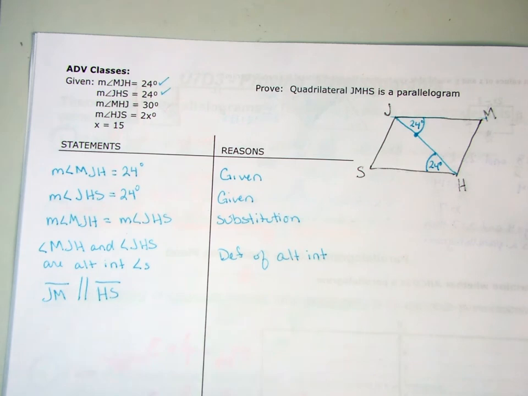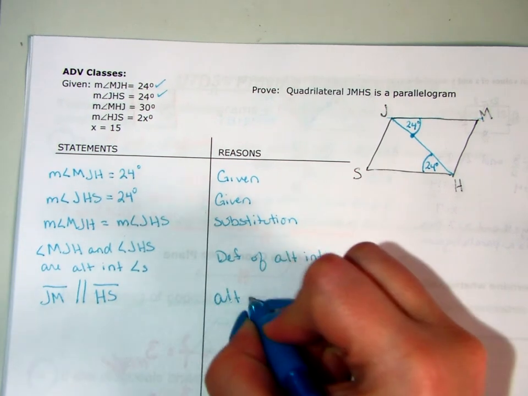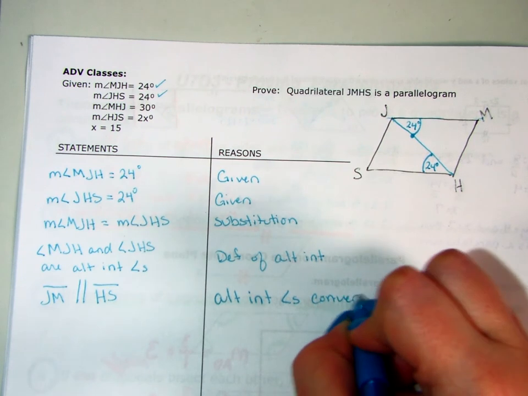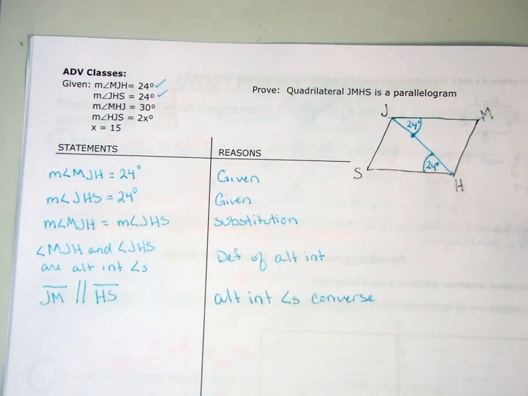Alternate interior angles, converse. I got all of those lines, 1, 2, 3, 4, 5 lines, and I only used 2 givens. I still have 3 givens left. Let's look at the next given, see if there's anything we can do with it.